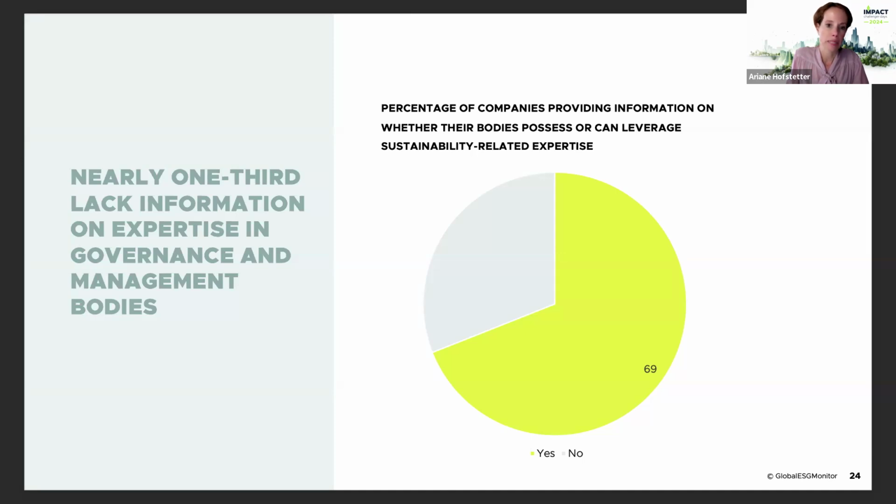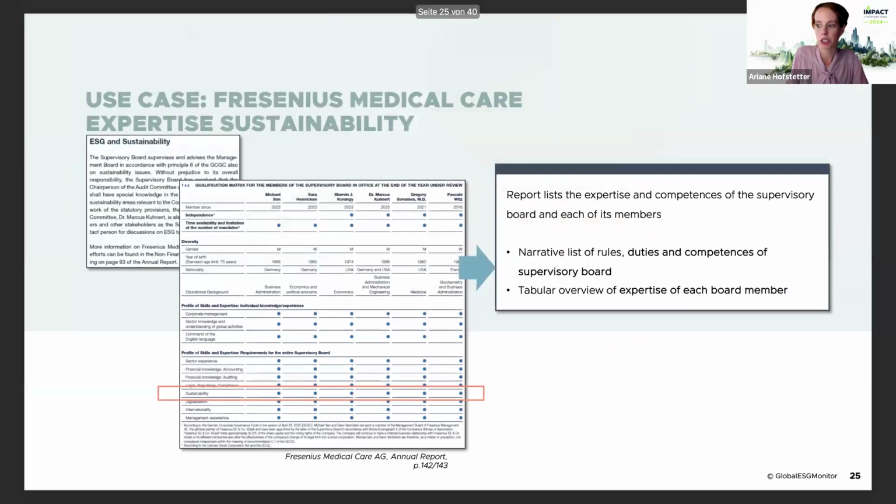What we recommend is that if you are required under Section 161 of the Aktiengesetz to disclose a declaration on corporate governance or even report following the German Code of Governance recommendation, then you can use a matrix and display this expertise in such a matrix. And we looked for an example to display how this could look like. And we chose an example from Fresenius Medical Care.